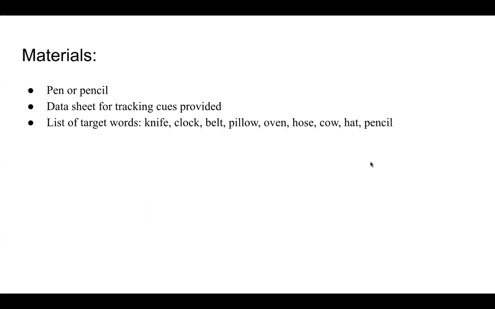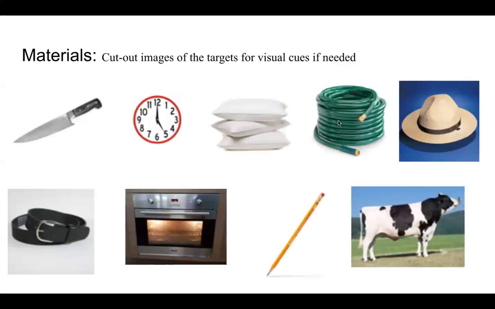And that is the target words. However, there will only be 4 targeted in the session due to a limit of time. And here are some visual cues that will be used for that list. And this is the video.